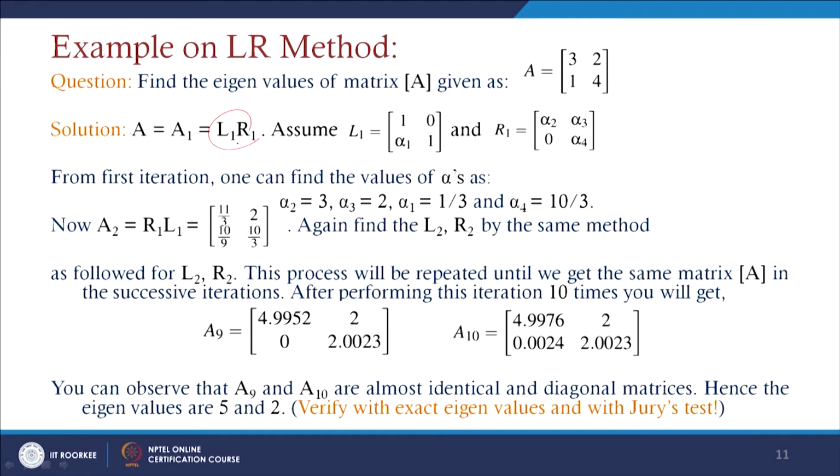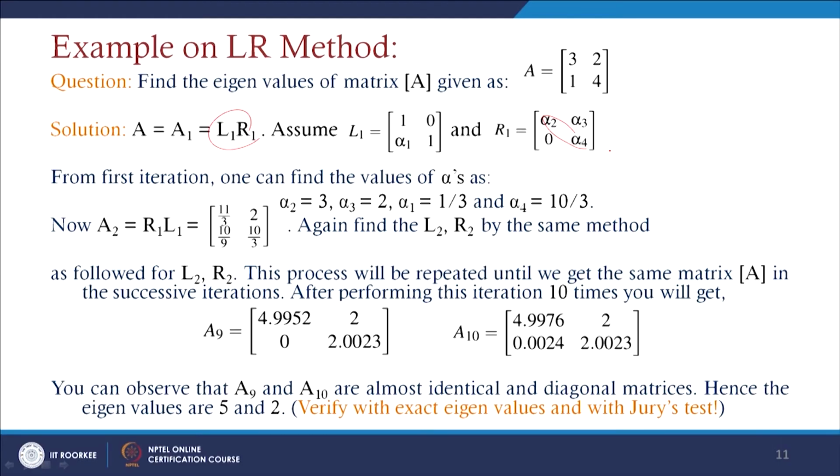In this case we assume this problem will be solved by Doolittle's method, and in Doolittle's method we assume the lower triangular diagonal entries as 1. If we use Crout's method, then we take the U diagonal entries as 1. But since we are taking the left product of these elements here, it is better to go for Doolittle's method.